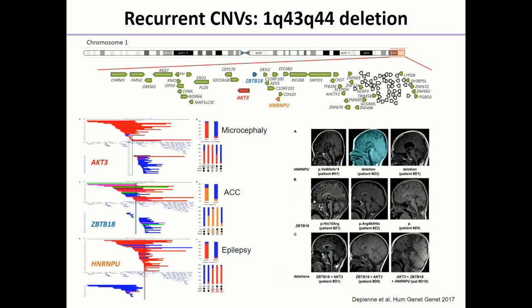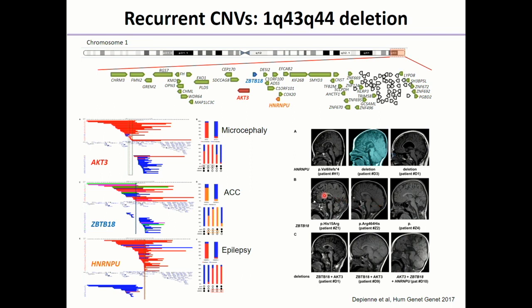You can see here the shape or morphology of the corpus callosum in patients with both point mutations and deletions. So here are patients with point mutation in HNRNPU. You see that the corpus callosum is almost fully formed, but it's thin. Here are the patients with mutation in ZBTB18.